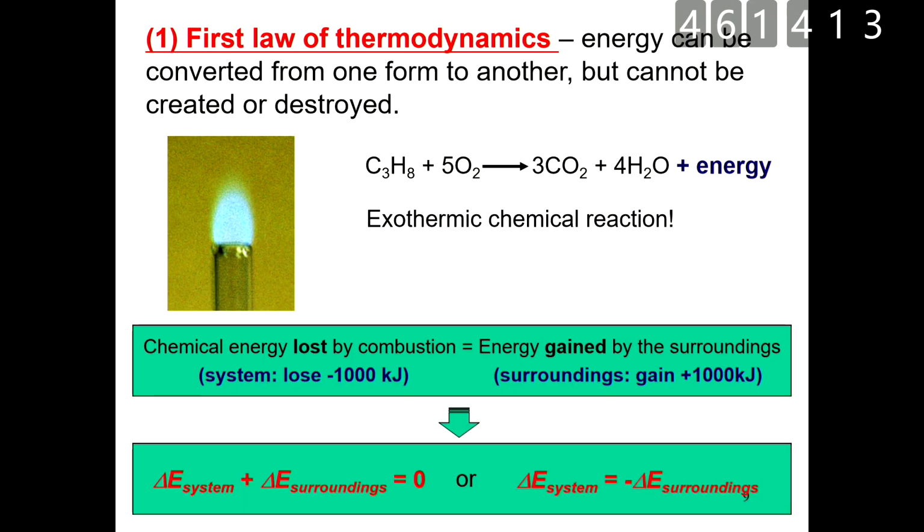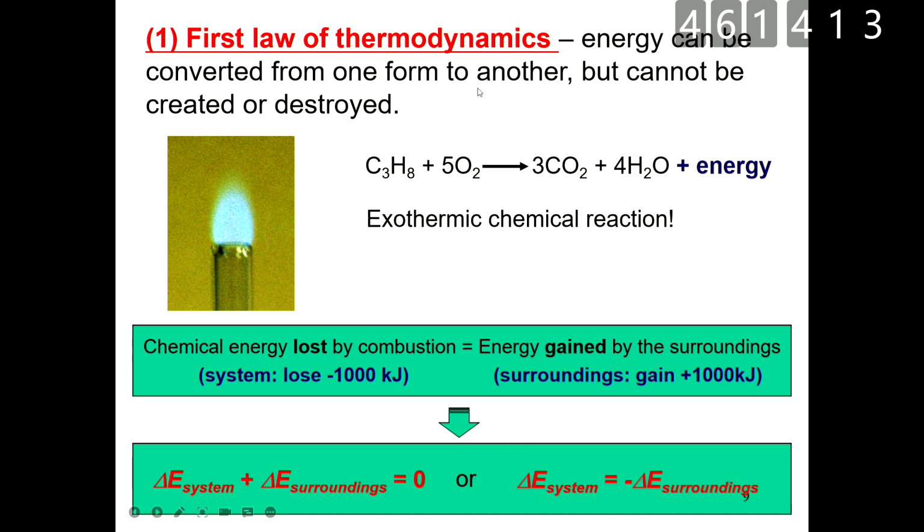Okay. Now I introduce the first law of thermodynamics. The first law of thermodynamics says that energy can be converted from one form to another, but can't be created or destroyed. So this means the energy will not be lost. It can only be converted from one form to another.